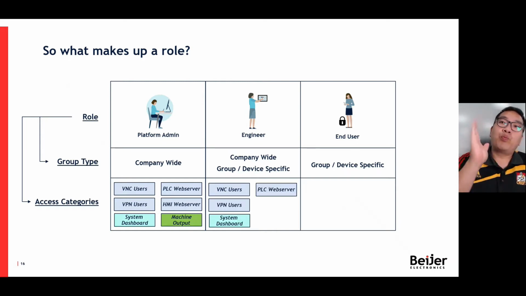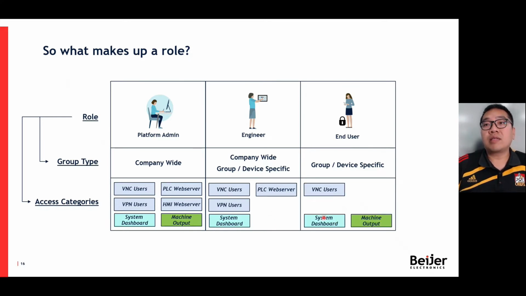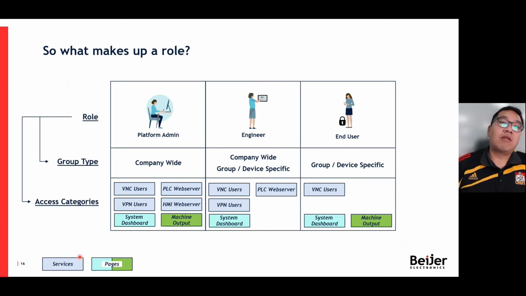Each role can have different access categories set up as well. You can see that some access is removed from the engineers, and some more access is removed from the end user as well. The slides will be sent out for you to understand more. There's a legend right here, just for your information.